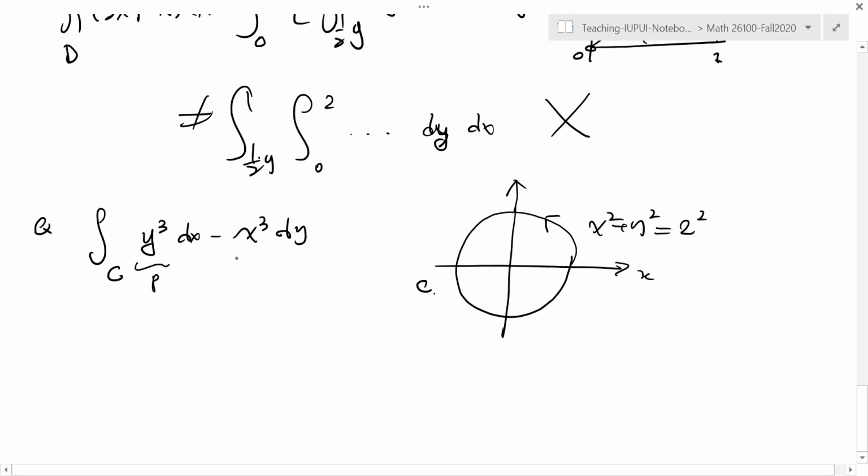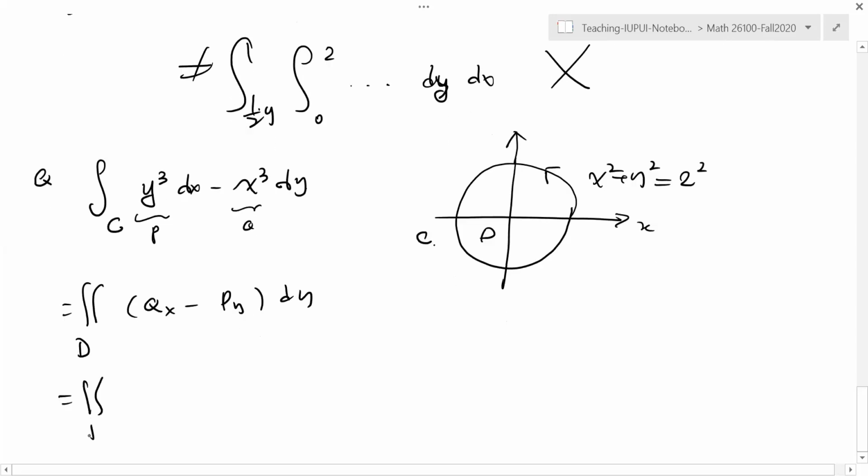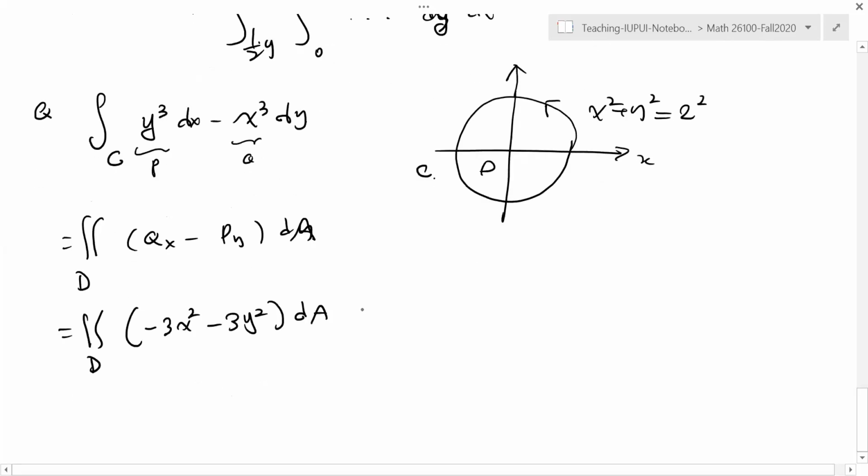That's my P, that's Q. So the double integral is going to be Qx minus Py. Qx is negative 3x squared, and Py, the partial derivative of P with respect to y, is going to be 3y squared, dA. So you take a negative 3 out.